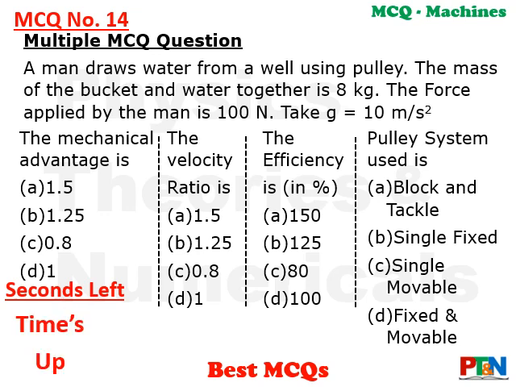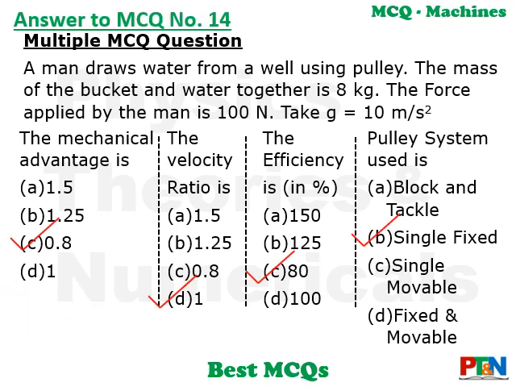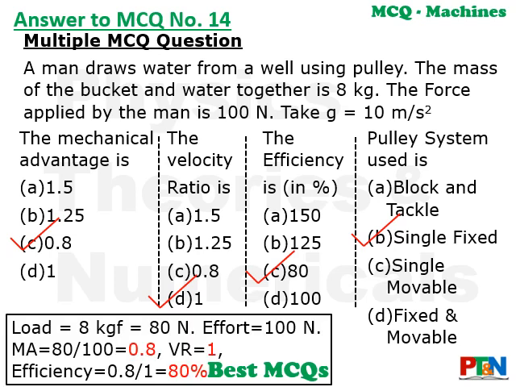Time's up. Hope you have got all the 4 options. Let's see the answer. Mechanical advantage 0.8, velocity ratio option D, that is 1, efficiency option C, 80%, pulley system used is a single fixed pulley. Let's understand the calculation also. So load is 8 kgf, that is 80 Newton, and effort is 100 Newton.